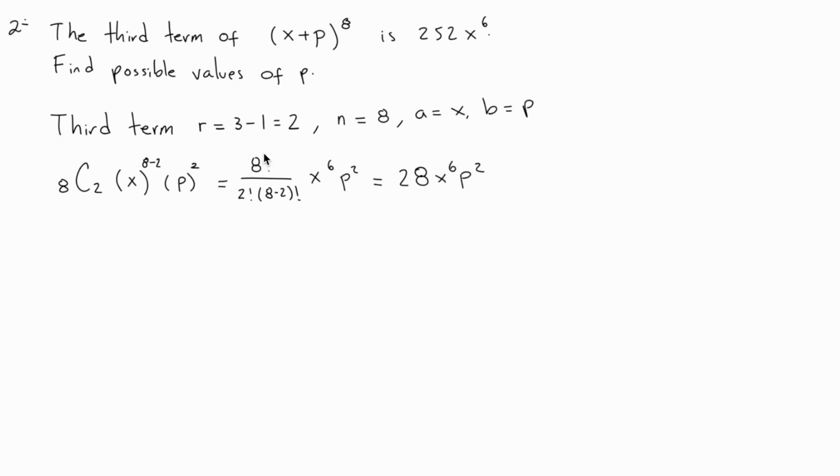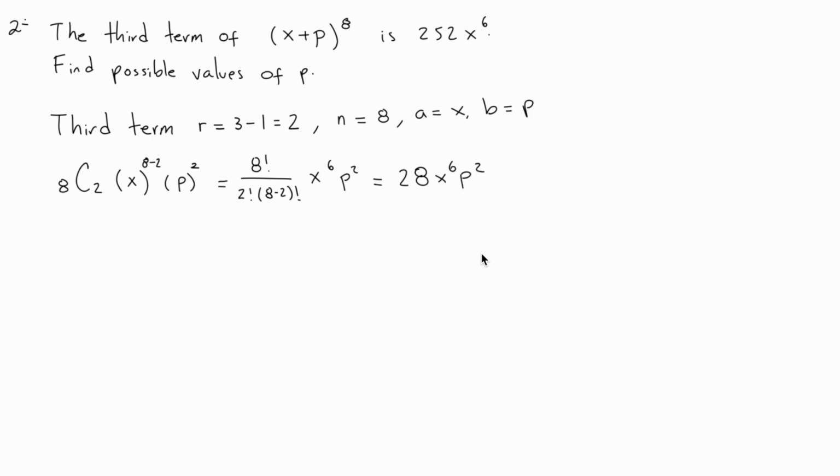That is 8 factorial over 2 factorial times 8 minus 2 factorial, times x to the power of 6 times p squared. If you put this into your calculator, this is 28 x to the power of 6 p squared. So right now, I've just done what we have been doing before. I just grab the formula and find the third term.